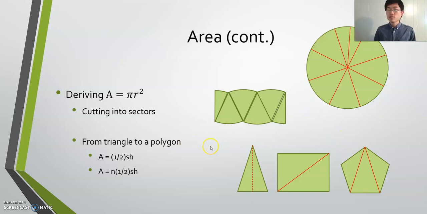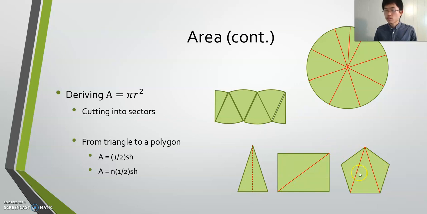Now, from the triangle to polygon approach: looking at a triangle, the area is half the side times height. This S represents the side right here, and H represents the height. Look at this rectangle: it has 2 triangles by cutting in here.